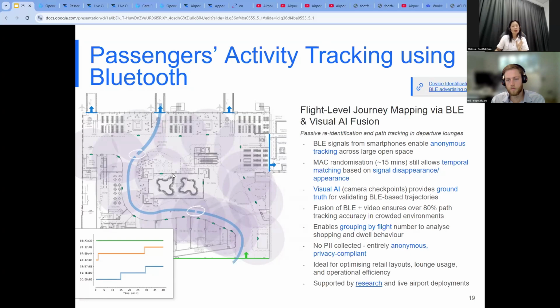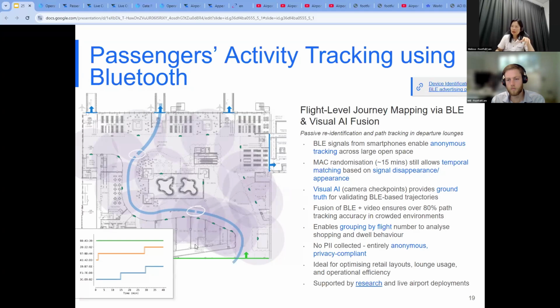The answer lies in the fusion of Bluetooth and visual AI, AI vision. Here is how it works. The green ones here are our Pro 2. Each of our Pro 2 sensors or our Pro 1 sensors are deployed at some of the key store entrances and key corridor points.